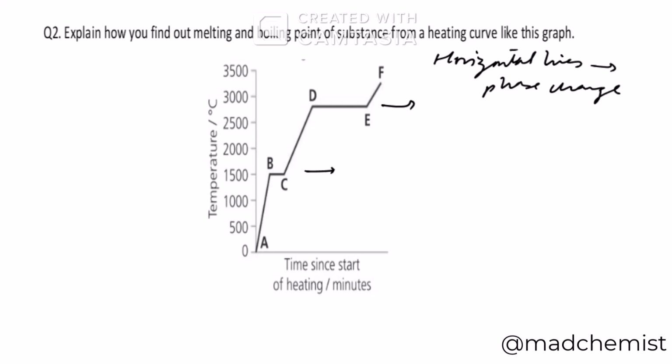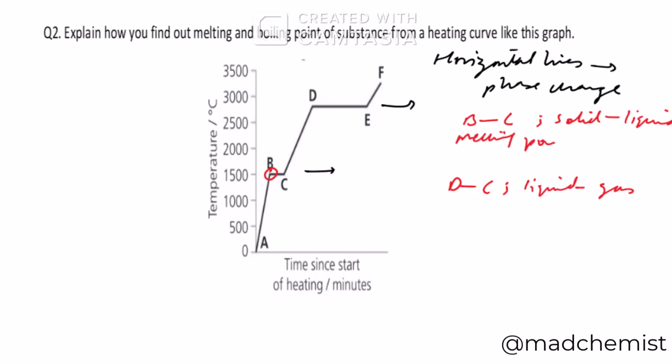At points B and C, there is a phase change between solid and liquid. Solid is converted into liquid state. While from point D to E, there is a conversion of phase from liquid to gaseous form. So the melting point must be at this point, that is B.